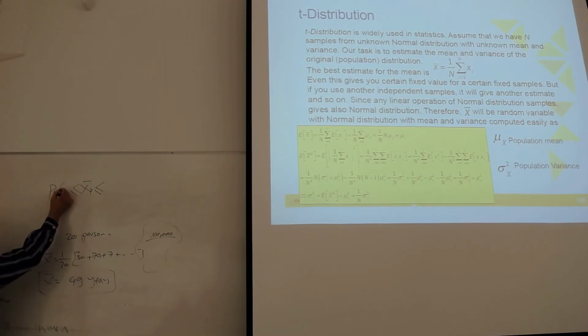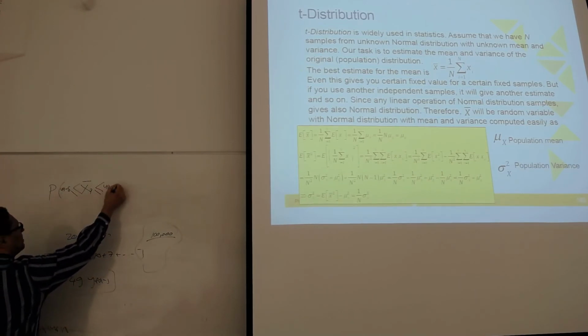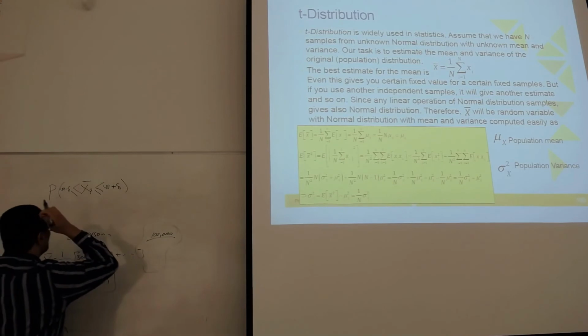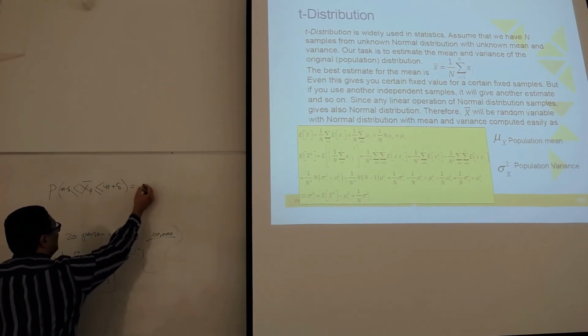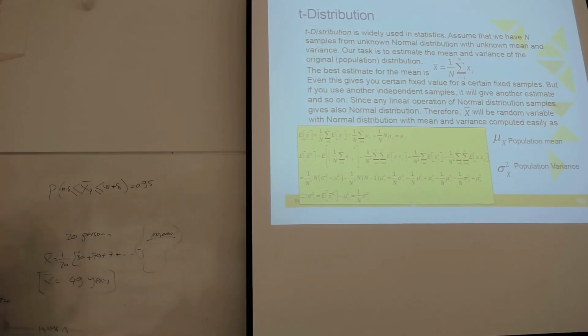So it is 49 years minus some delta, and 49 years plus some delta. This should be equal to some probability, for example 0.95. This is called the confidence probability.